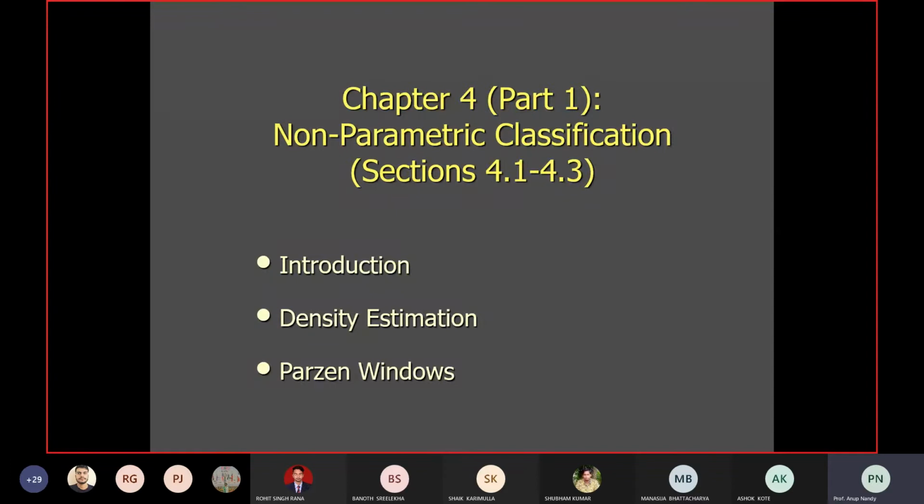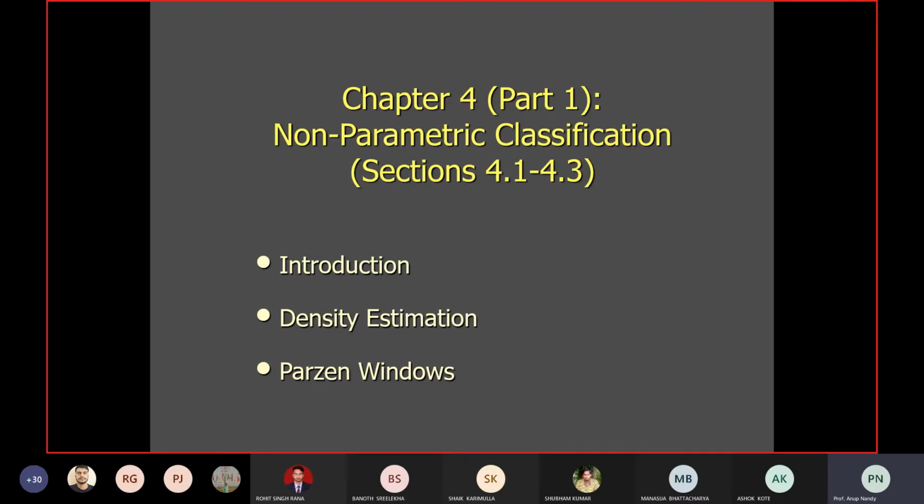Now, there are several density estimation techniques. One is the histogram method. Next we have the Parzen window, and another is the nearest neighbor method. The Parzen window is nothing but kernel density estimation, so that's why it is called the Parzen window. We'll talk about all these things.